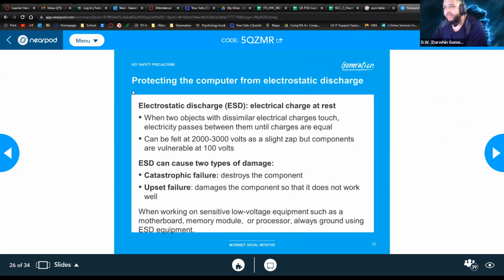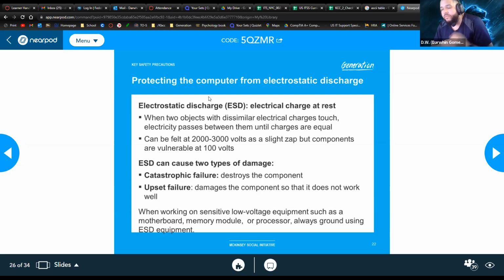Okay. ESD, electrostatic discharge, right? So this happens when two objects with different electrical charges touch, and electricity passes through them, trying to reach an equilibrium.